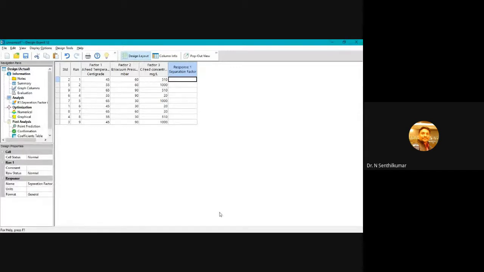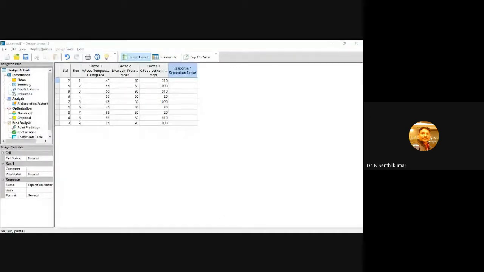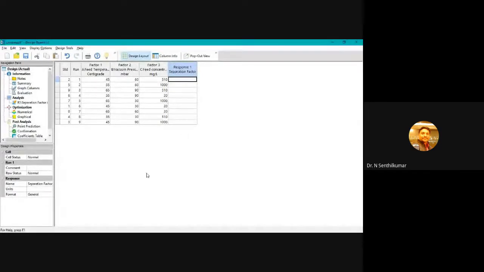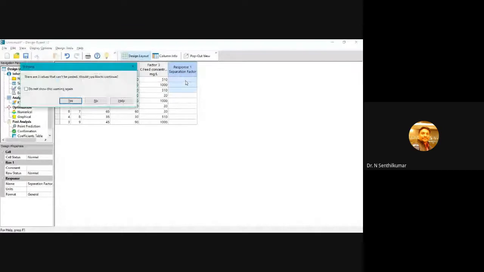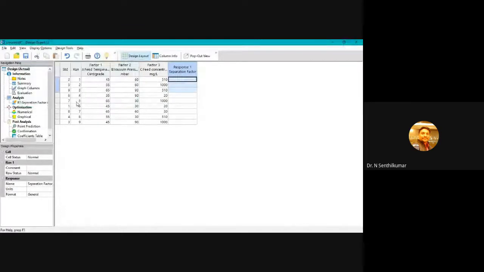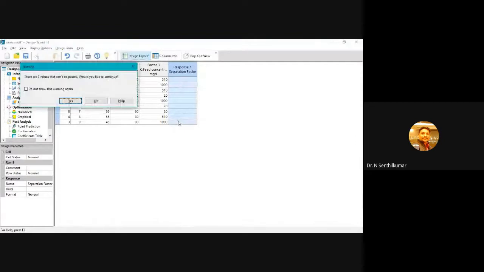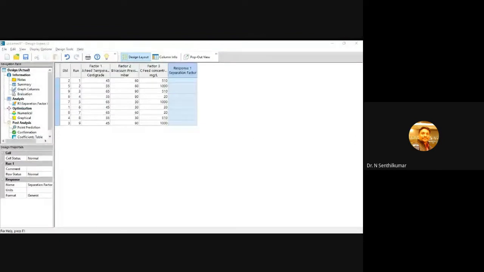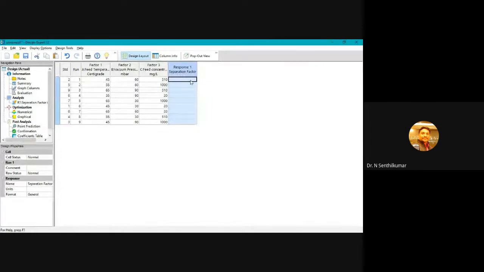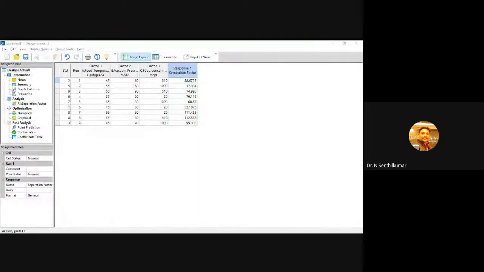For this I have to enter the values, and I already have these values from before. So these are the values that I am going to paste.